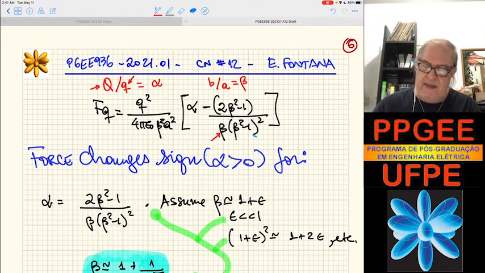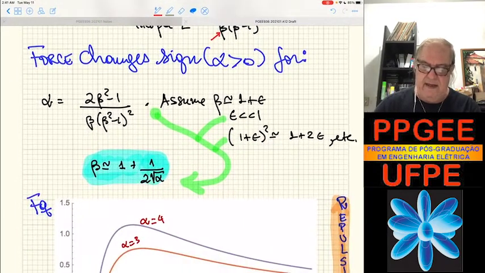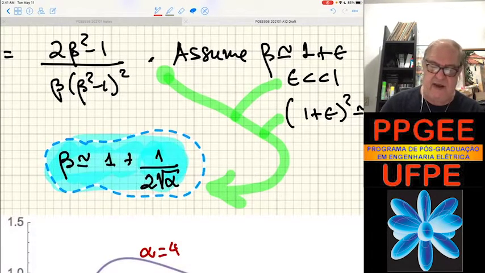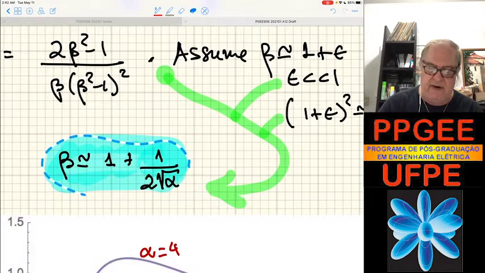There is a point at which the force changes sign, when this parameter changes sign. We have an approximate result for that: the ratio of the location of the charge relative to the radius is given by this parameter here.